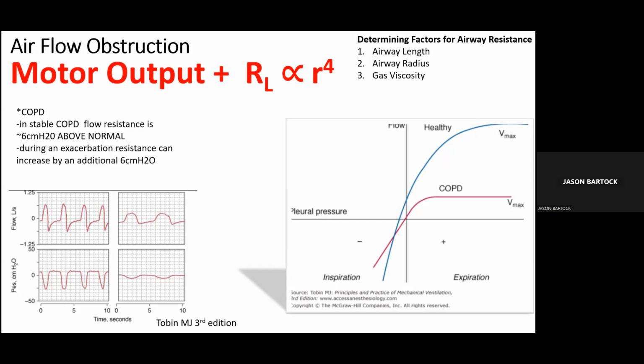It's a little bit hard to appreciate, but on the far left side, you see a relatively low PES, that's in centimeters of water, that's esophageal pressure manometry, a relatively low pressure in this stable COPD patient, and a relatively stable flow pattern above that when they're exhaling.